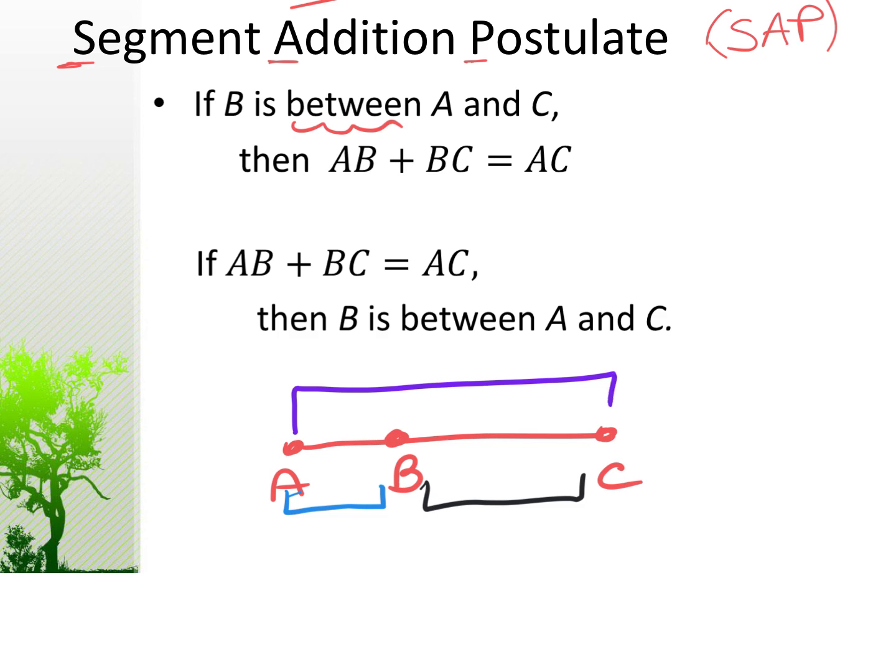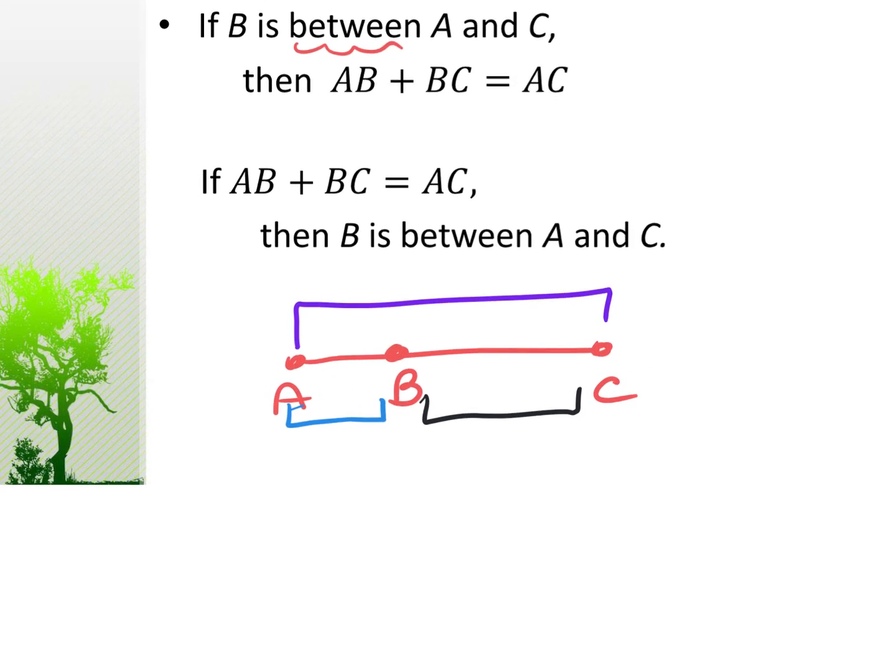So, for example, let's say that AB had a length of 2. And let's say BC had a length of 6. And I want to know how long is AC. So I'm going to use my segment addition postulate.